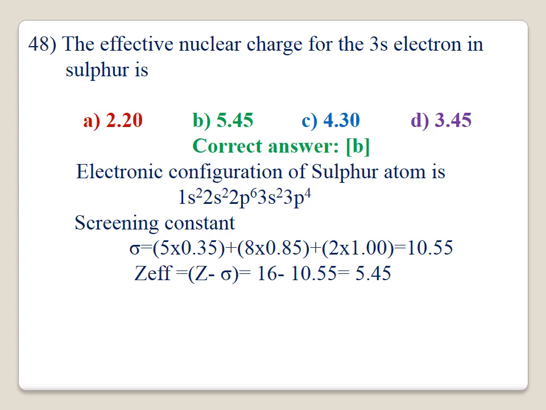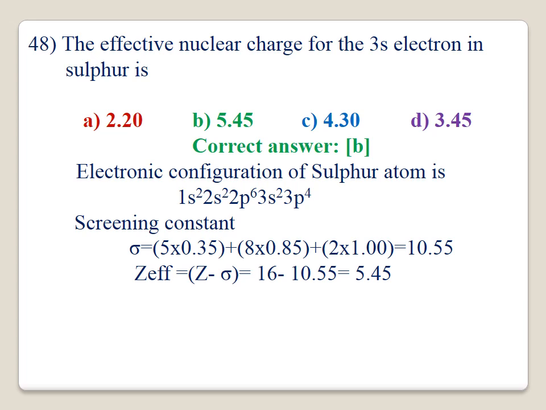For the outermost orbital there are 6 electrons, 1 electron you leave, taken as 5, multiplied by 0.35, plus the next inner 2s 2p 8 electrons, 8 into 0.85, and the next orbital is 1s orbital 2 electrons, 2 into 1. You calculate it, the sigma will be equal to 10.55.